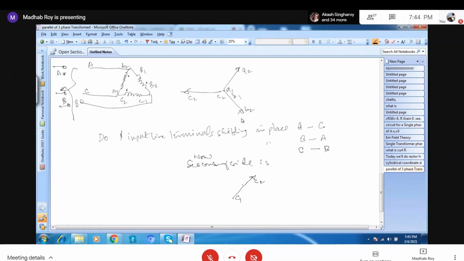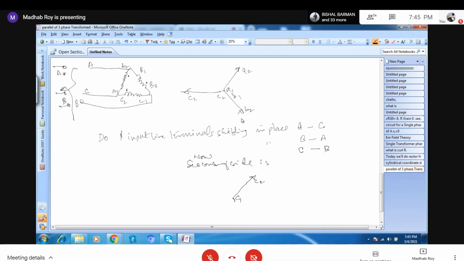Yes, sir. So in place of A, the input terminal has been changed. So there C has been connected. Thereby, instead of the A phasor, which phasor will appear? The C phasor will appear. Okay. So that is the change.